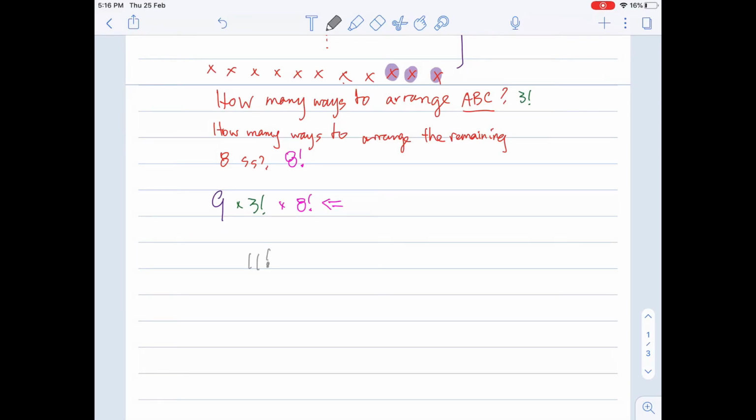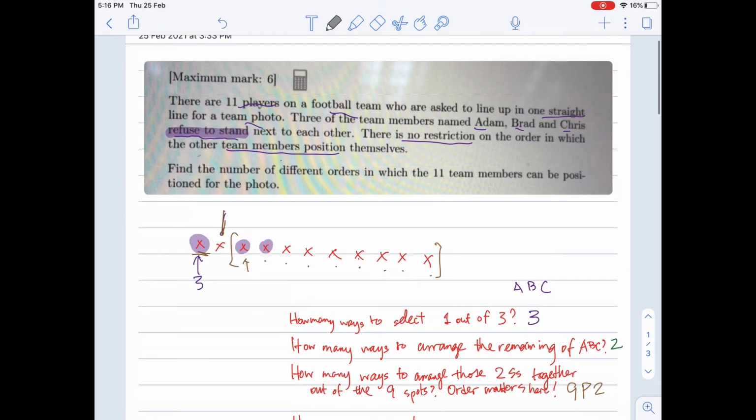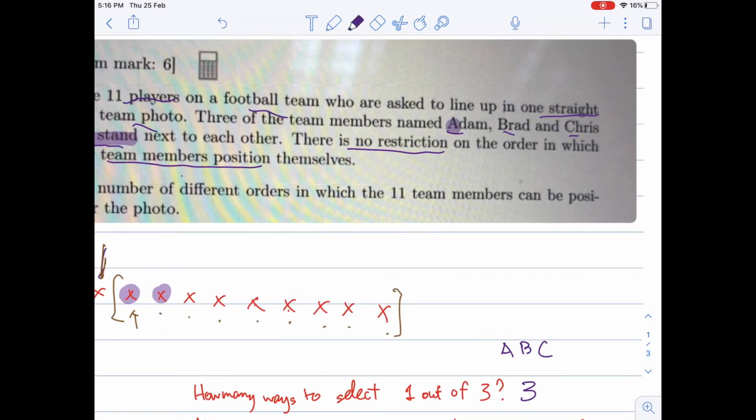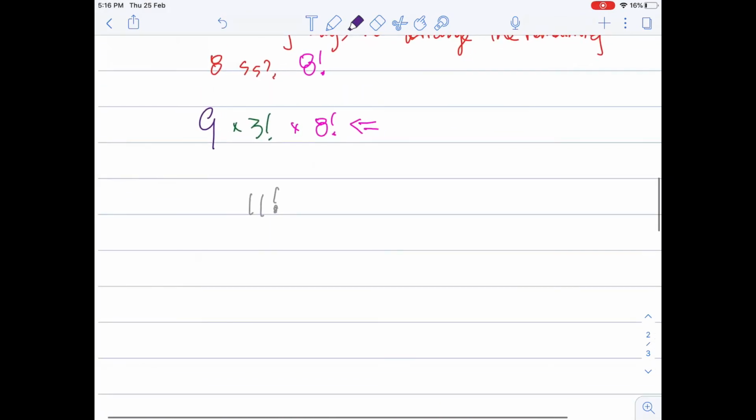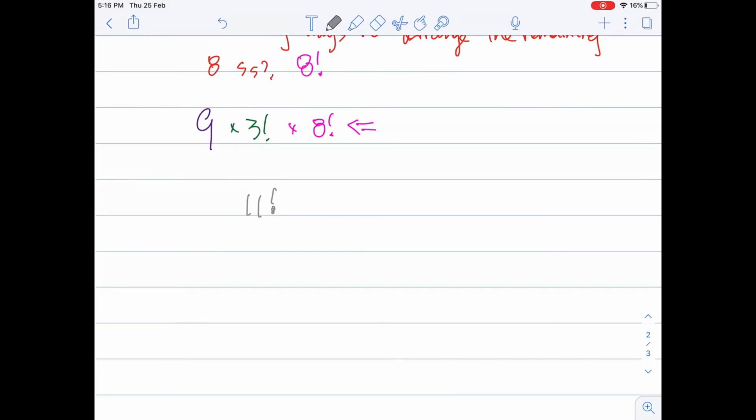So, given the total amount and given the cases when the rule is violated, how many ways are there to arrange the 11 players such that Adam, Brad, and Chris are not together, either two of them or three of them? That's why you take the complement. So this is what we write.